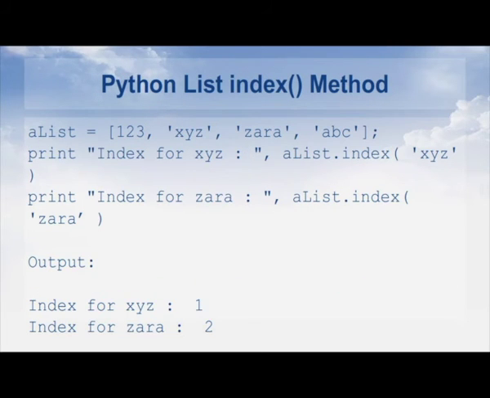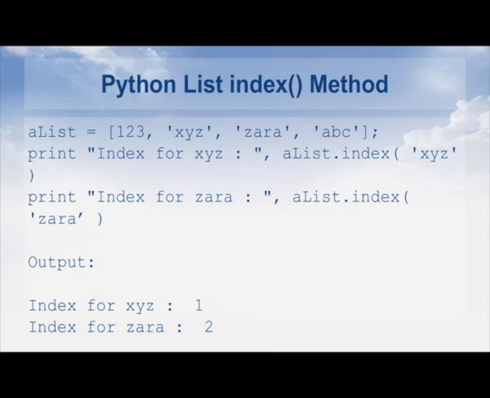Here this code demonstrates the use of the index method. Index is another method of the list object. It returns the place or the index where a particular item resides. For example, here I say a list is equal to the same list I have used, 1, 2, 3, XYZ, Zara and ABC.